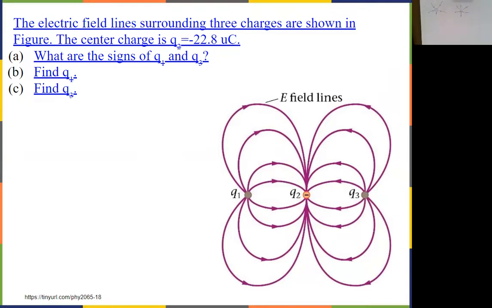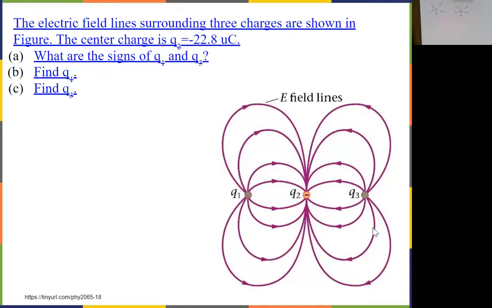For the magnitude of Q1 and Q3, you can count how many lines surround the known charge here. If you count them, there are 16 of them surrounding this one. There are only 8 surrounding this one and 8 on this one.